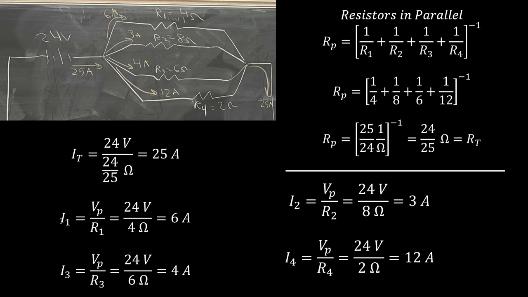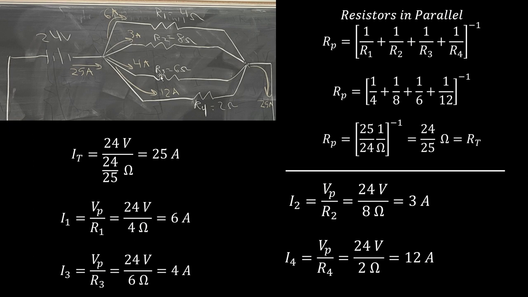Current flowing through resistor 1 will be those 24 volts dropping across resistor 1, divided by its resistance of 4 ohms, or 6 amps. For resistor 2, the current that flows through this path will be those 24 volts divided by 8 ohms, or 3 amps.